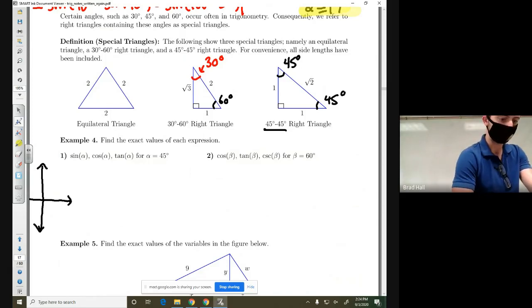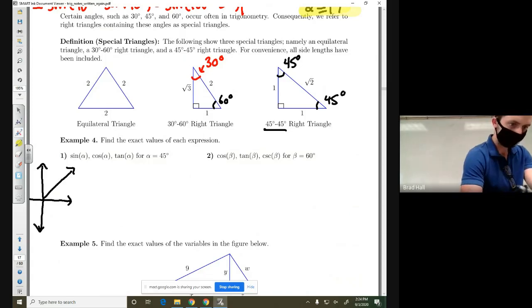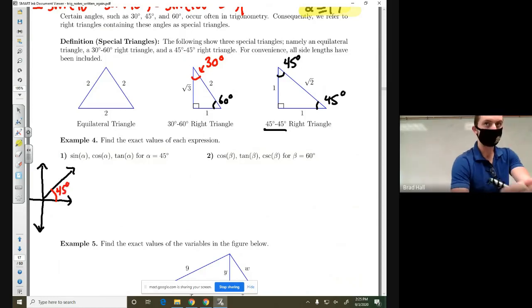So that would actually perfectly bisect the first quadrant. So that would be 45. And we would triangulate.